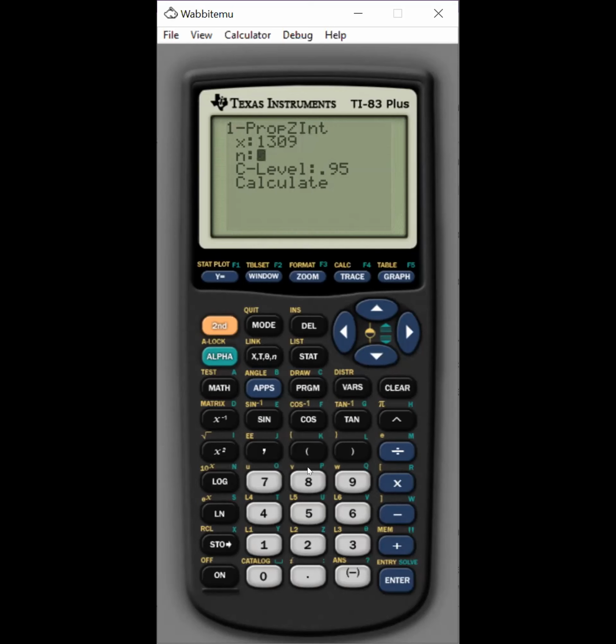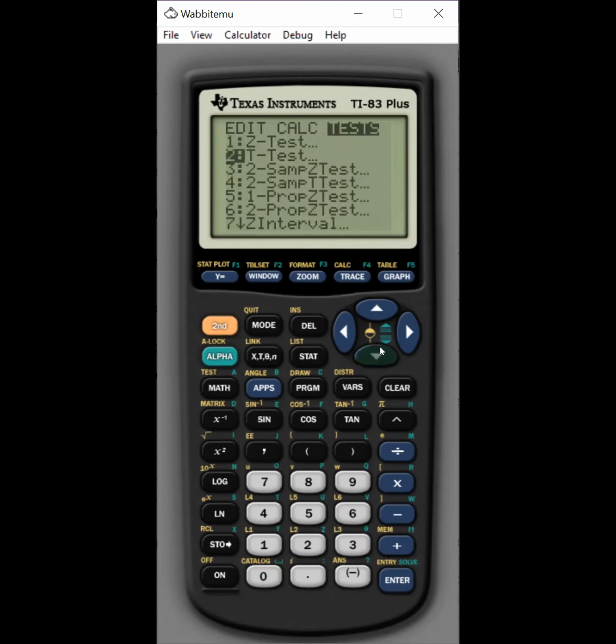Then my n number was 2115. Our confidence level the first time is 90%, so instead of 0.95, I'm going to put 0.90. I'm going to go to Calculate and hit enter. Oh, something isn't right. Let me see. STAT, TESTS, go back down.